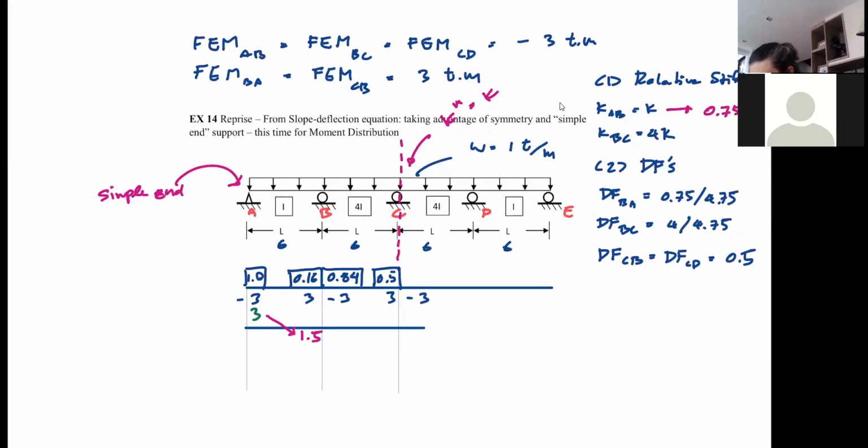That is about -0.237. And this is -1.263. That's it. The second cycle.